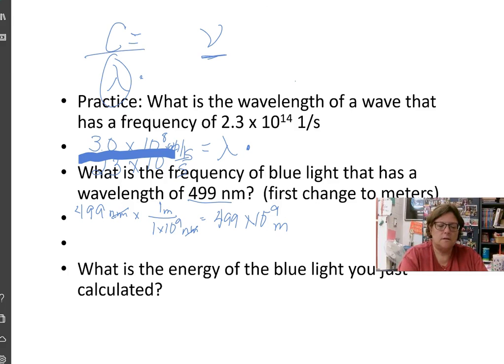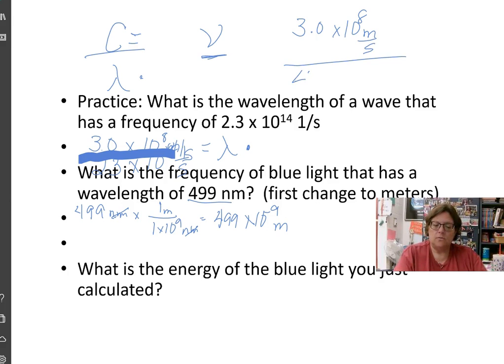Frequency is equal to the speed of light divided by wavelength. So speed of light, 3.0 times 10 to the 8th meters per second, divided by wavelength, which we said was 499 times 10 to the negative 9th meters.